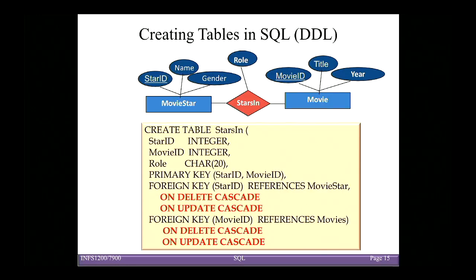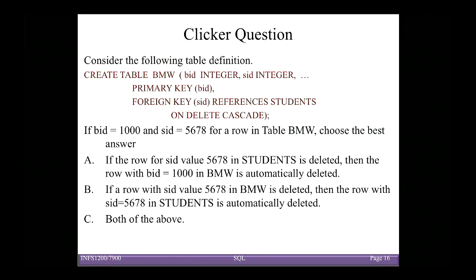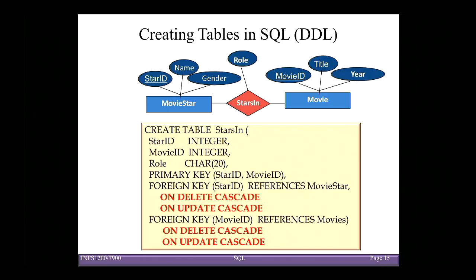The default, if you don't add anything, is that it will disallow it, so it will restrict it. If you want to delete anything that's being referenced, it's going to say you can't do it. You said that's the default behavior in the SQL standard? Correct.